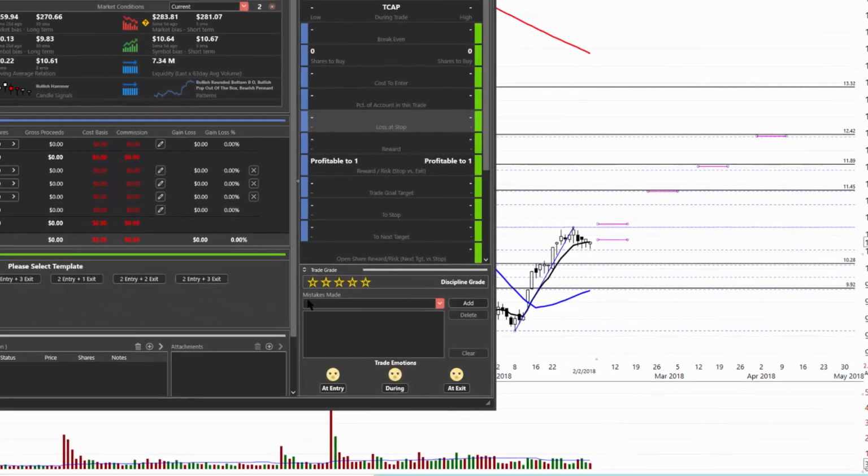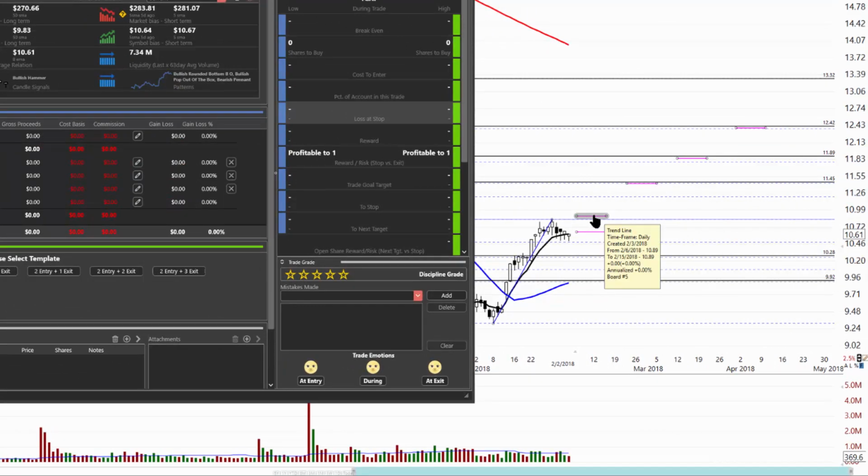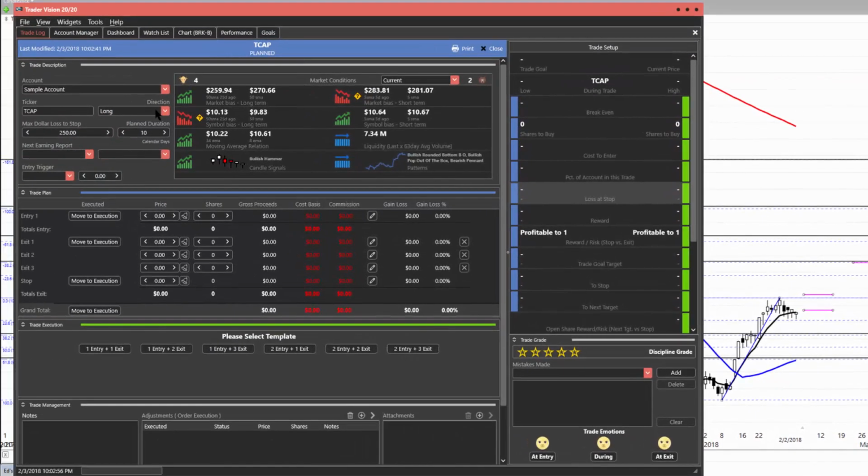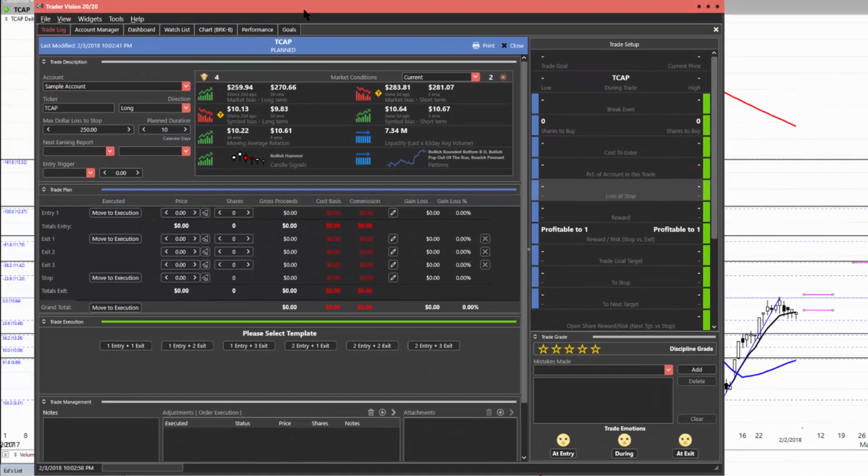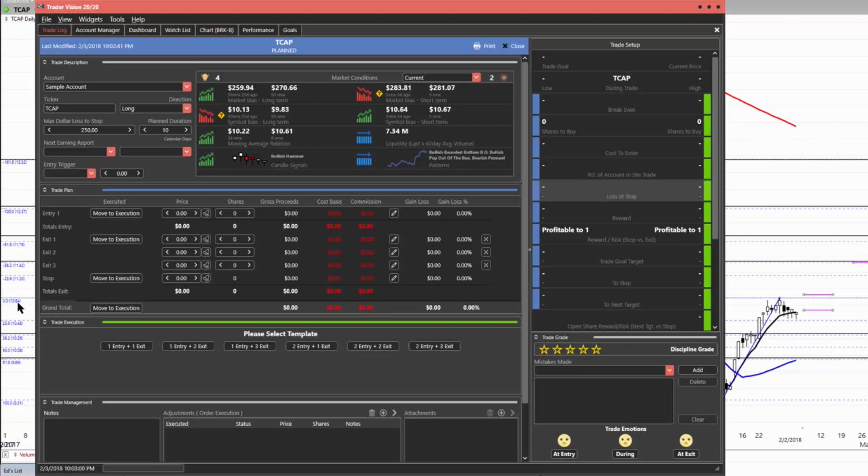And let's just say that we're going to enter here at about 1089. That is about a nickel above this previous high. So let's just use that. Again, you adjust this to however you would trade.